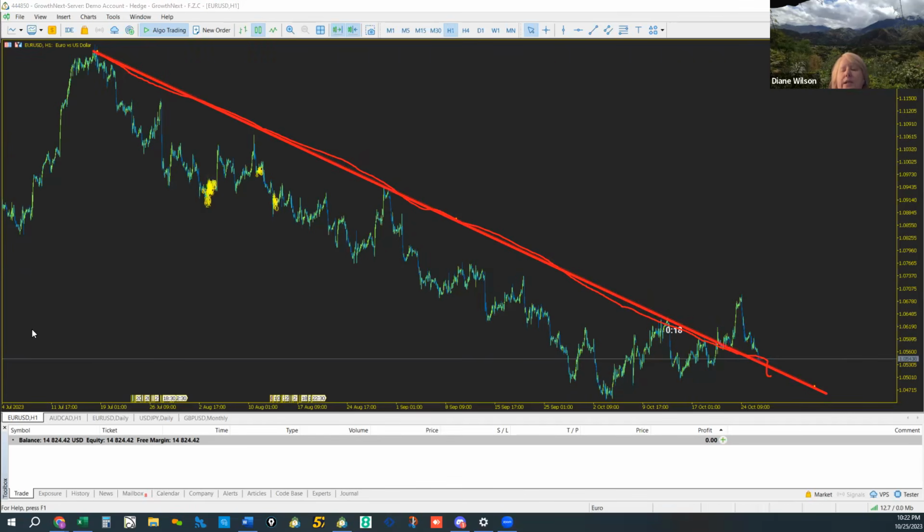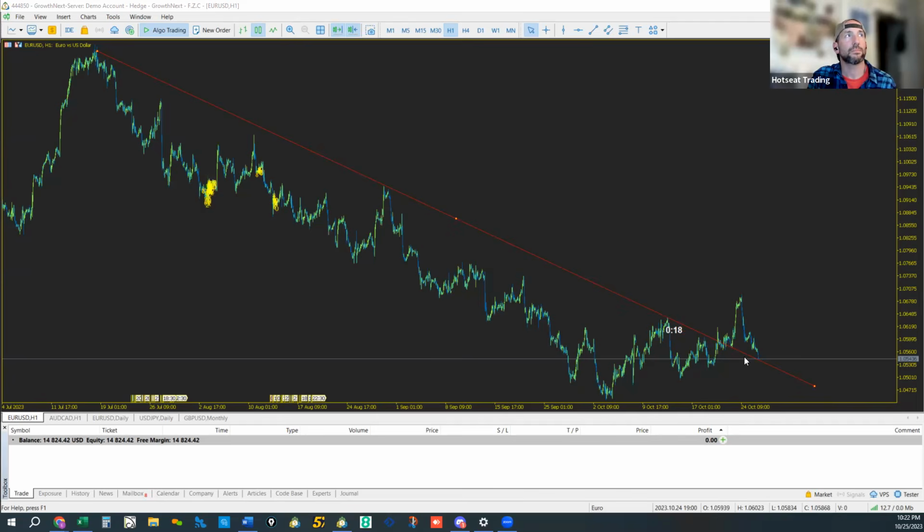I had identified a couple of days ago that it was a possibility that we could come down and retest this channel line. So is that a correct market analysis?